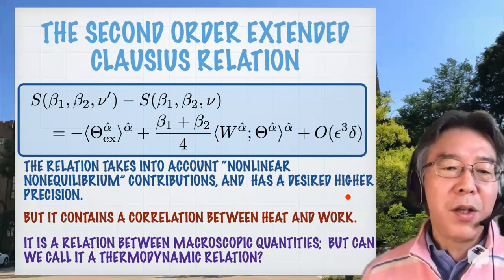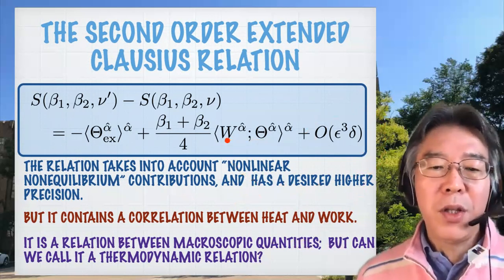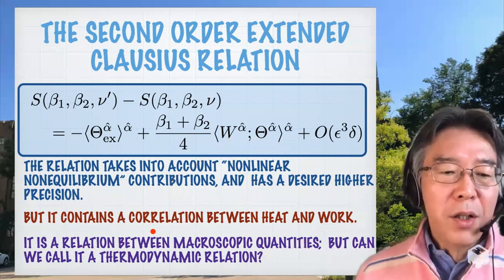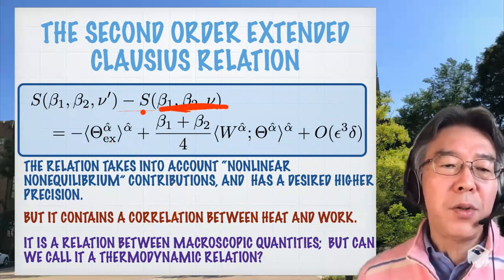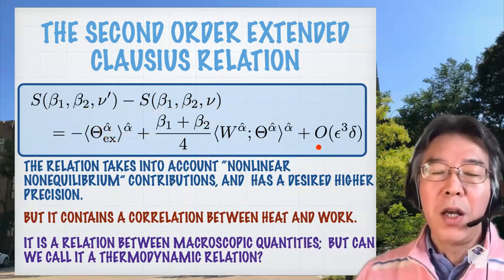That's nice, but it contains a correlation between heat and work. Anyway, it's a relation between macroscopic quantities. These are macroscopic entropies. These are all macroscopic quantities. I mean, they can be determined by measuring heat and work.